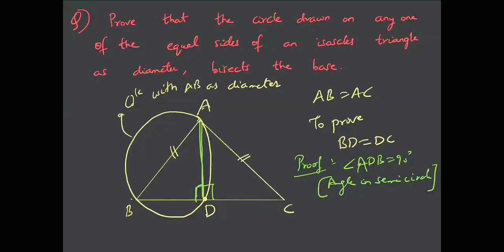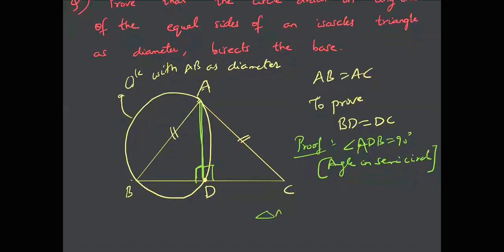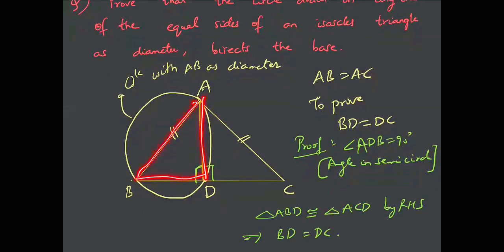It is also the angle bisector because these two triangles would be congruent by the right angle, hypotenuse, and side congruency. Okay, so triangle ABD is congruent to triangle ACD by right angle, hypotenuse, side. This implies that BD is equal to DC. Okay, so the fact which we use here is the angle in a semicircle is always 90 degrees.